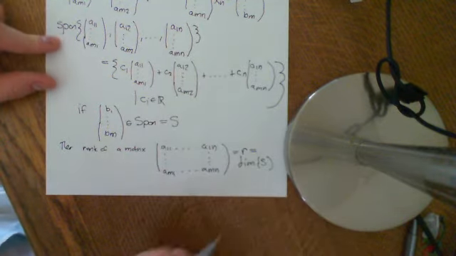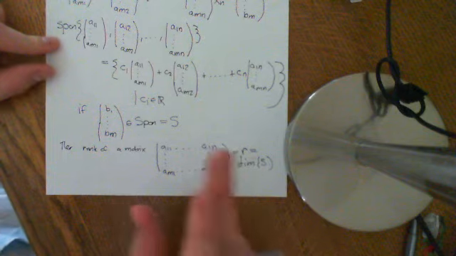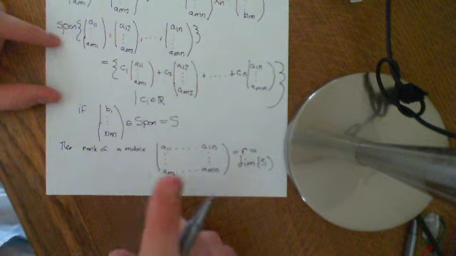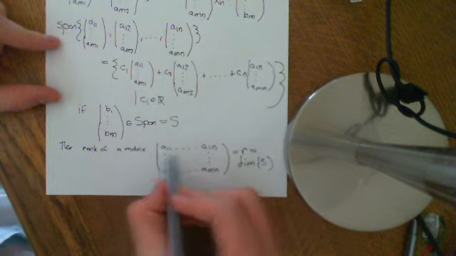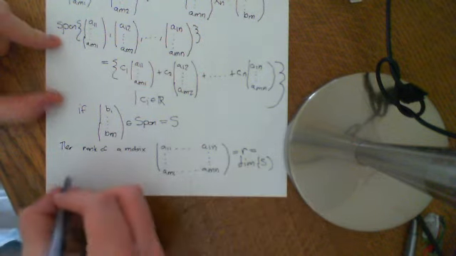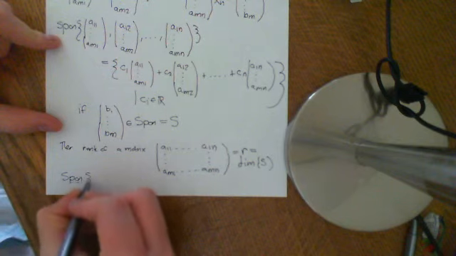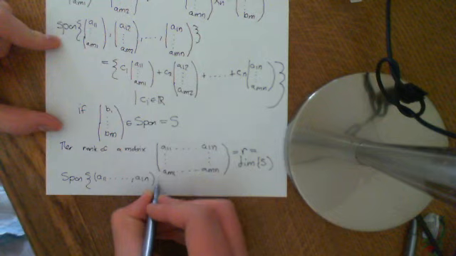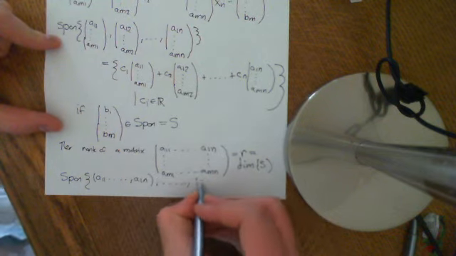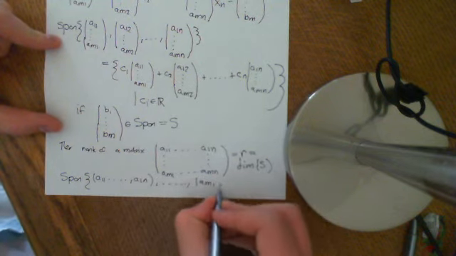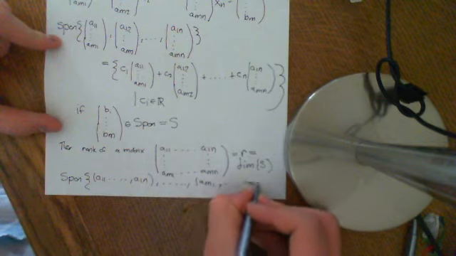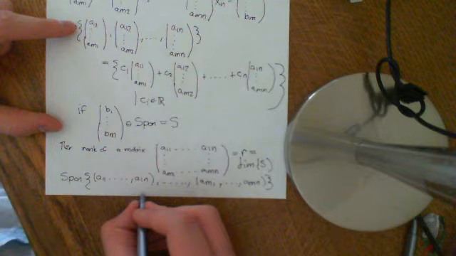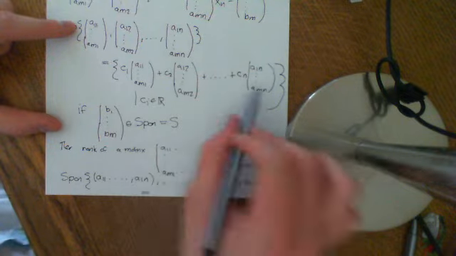Now, a theorem from linear algebra, which I have no intention of proving, because I don't know how to prove it, is that if you take the spanning space of the row vectors, i.e. you take the span of this set instead, A11 all the way along to A1n, on to Am1 all the way along to Amn, then the span of that is also equal to the span of the column space.